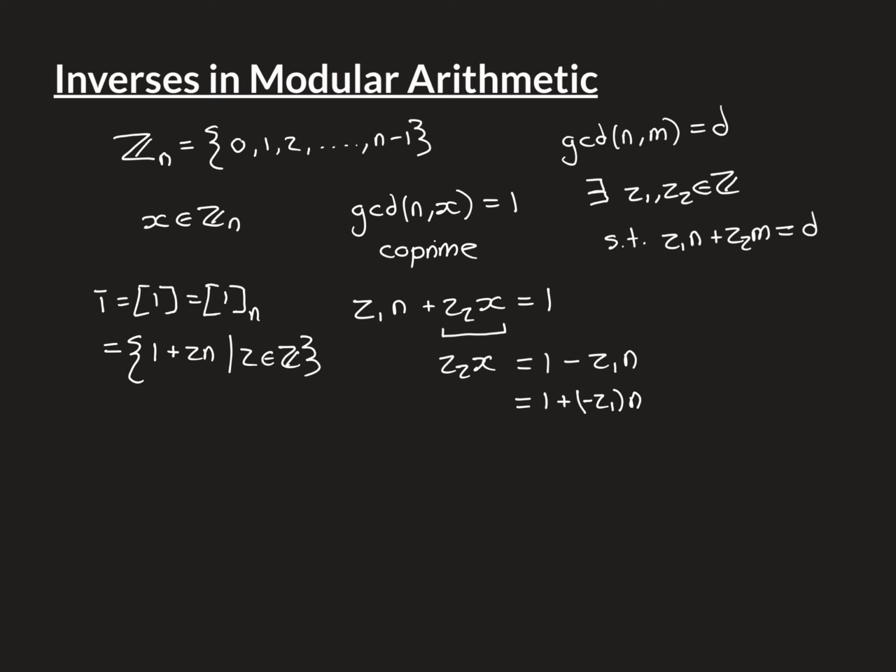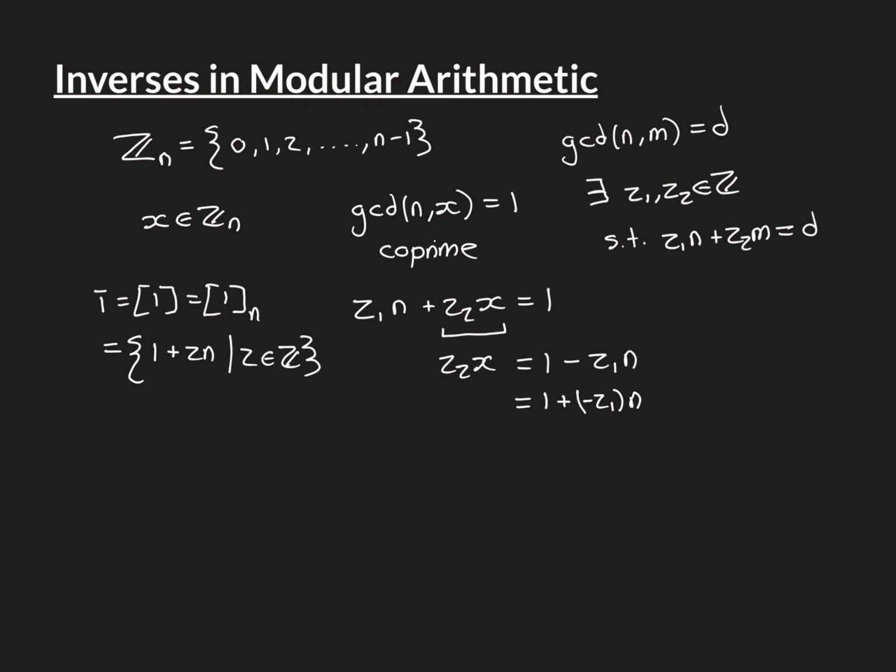So you'd have 1 plus 0 lots of n, so you just have 1. You'd have 1 plus 1 lot of n, 1 plus 2 lots of n, 1 plus 3 lots of n, 1 plus 4 lots of n, and then all the negatives as well, 1 minus n, 1 minus 2n, 1 minus 3n. All of them are going to be inside the congruence class of 1. And this thing is going to be one of those elements, because minus z1 is some integer, so it's going to be something inside the congruence class of 1.